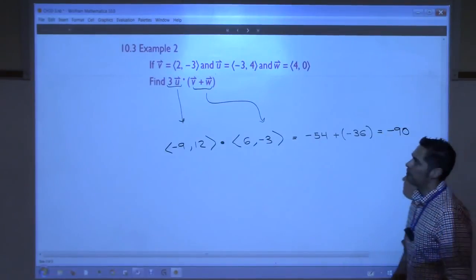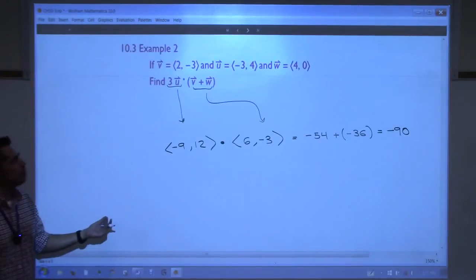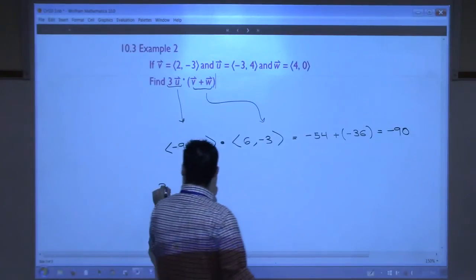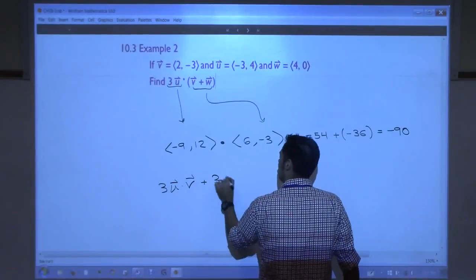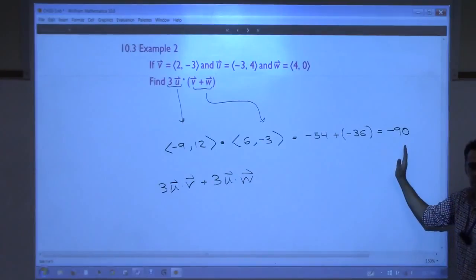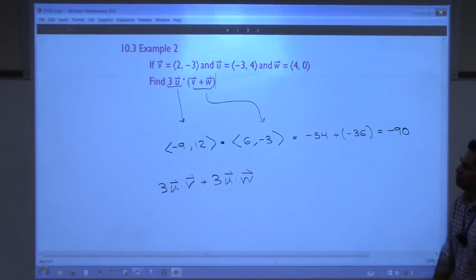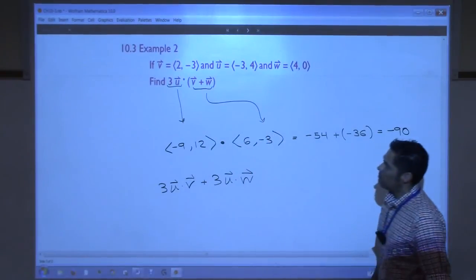Now you could have used properties on this. You could have done 3u dot v plus 3u dot w, and if you would have done that, you would have also got -90. But I just did it the way that most people would have. Take care of this, put them together.